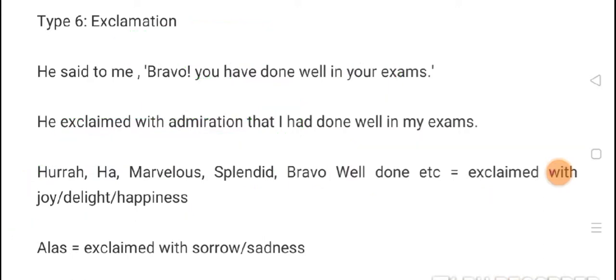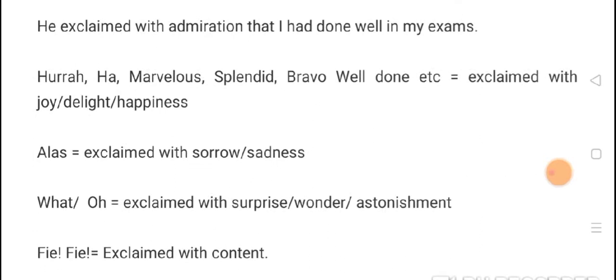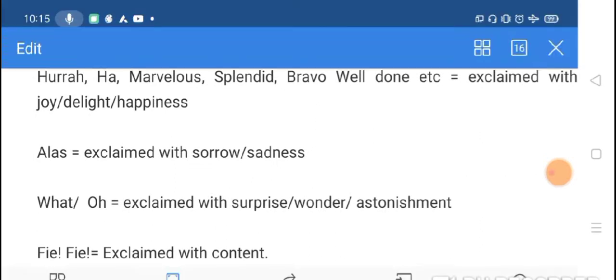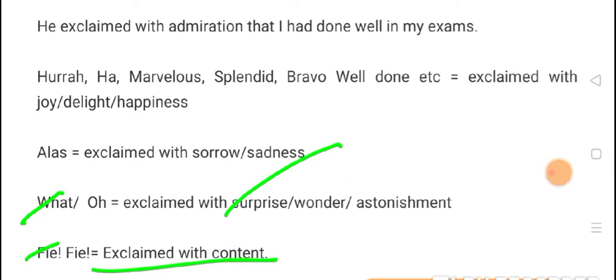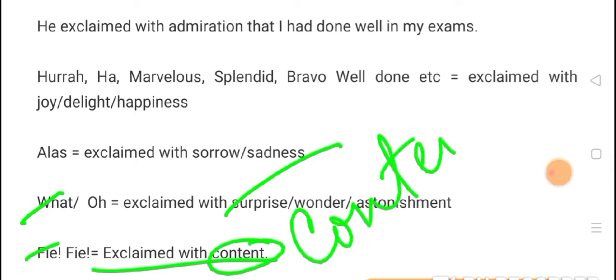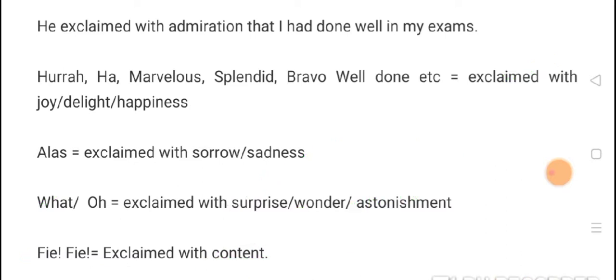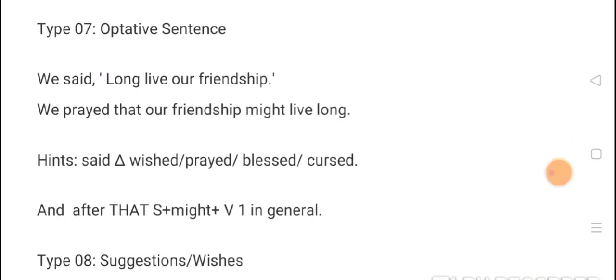And in case of sadness, you have to write exclaimed with sorrow or sadness, and exclaimed with surprise and wonder. Here you can see, exclaimed with contempt, not content, contempt. So exclaimed with contempt.